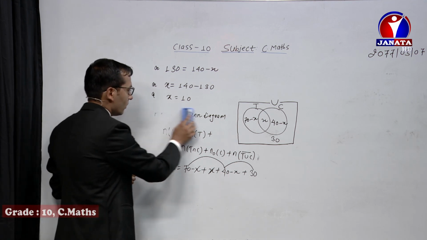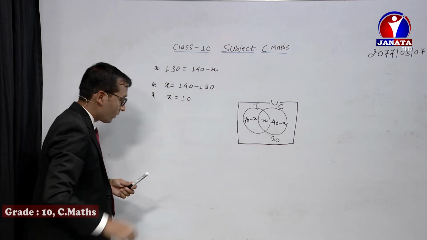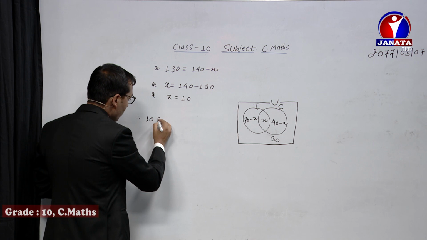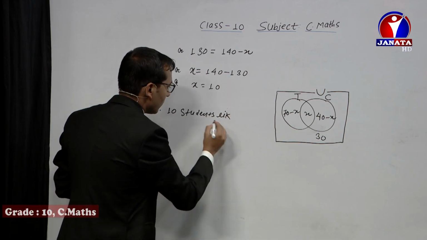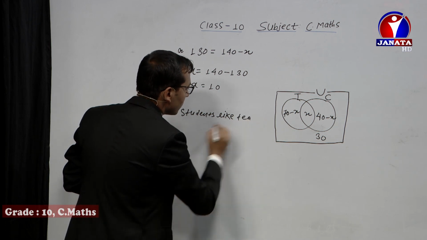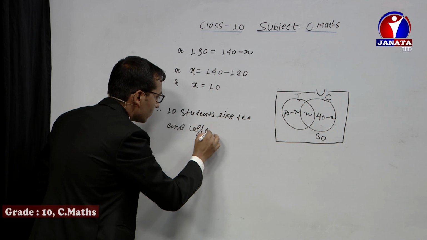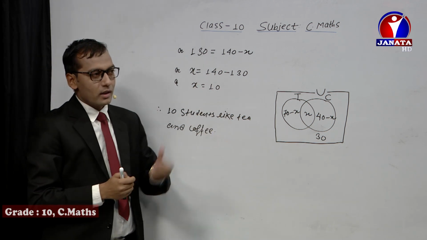We can conclude by writing this: thus, 10 students like tea and coffee. Okay, I hope you got this.